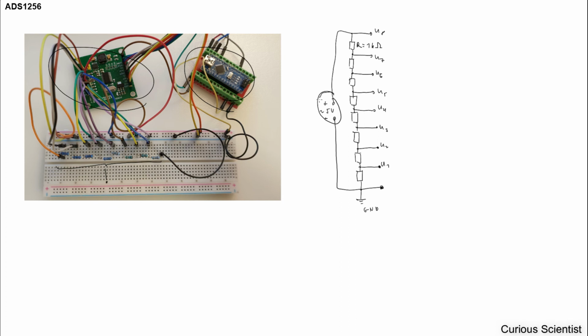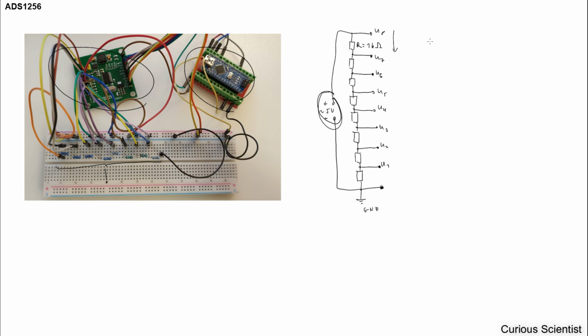as you can see here, so basically the output voltage of the Arduino. And then if you go down in this direction, so you start to measure between U7 and ground, U6 and ground, and so on and so on, you drop the voltage. And the voltage drop is roughly the same because we are using the same resistor values.